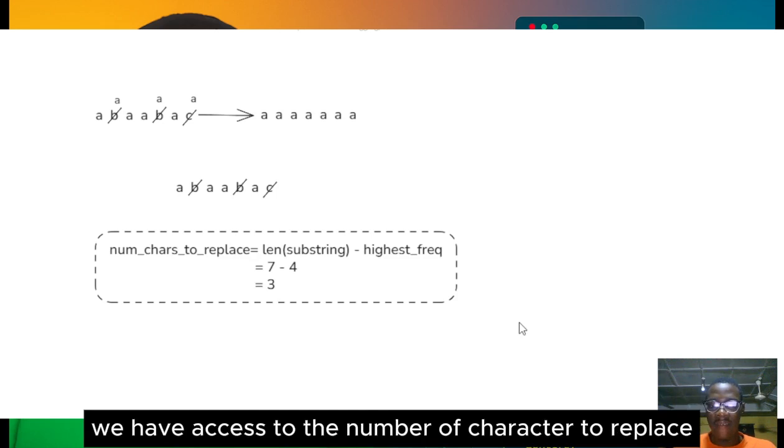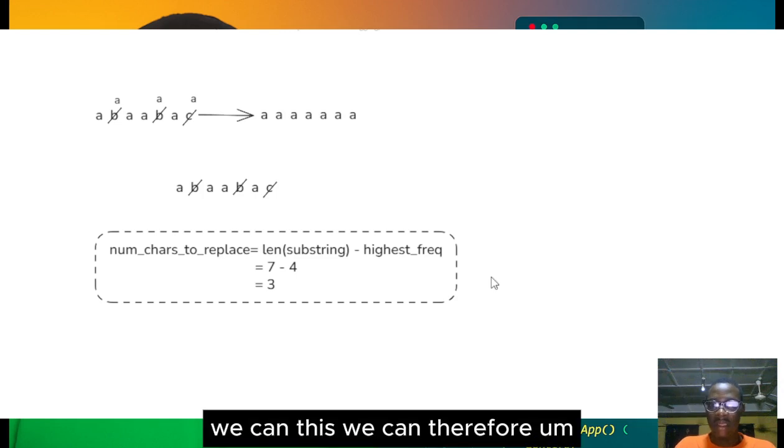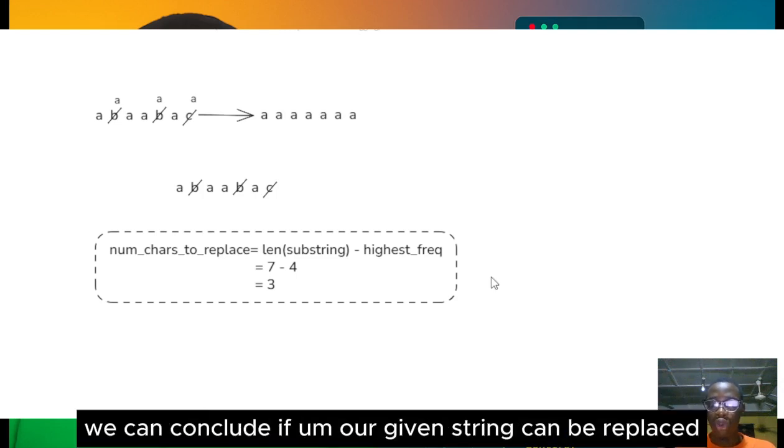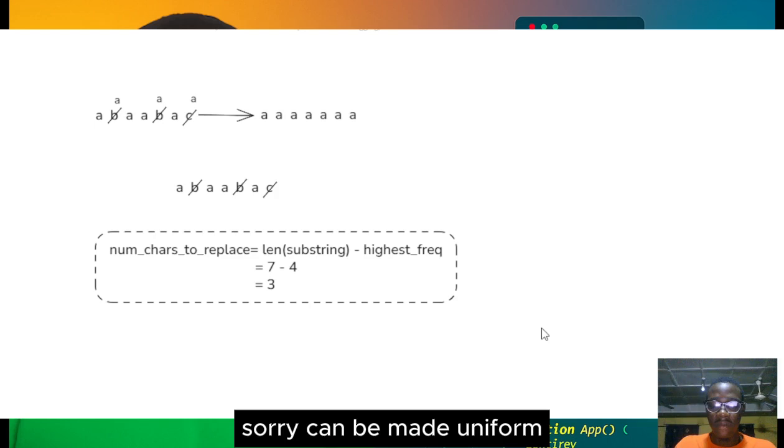Once we have the number of characters to replace through this subtraction, we can conclude if our given string can be made uniform.